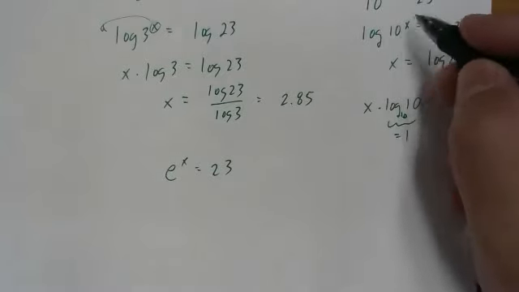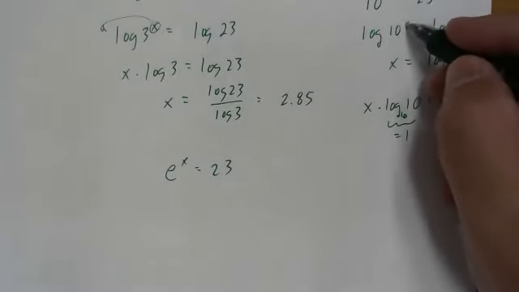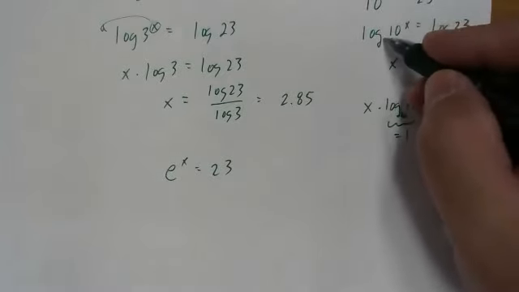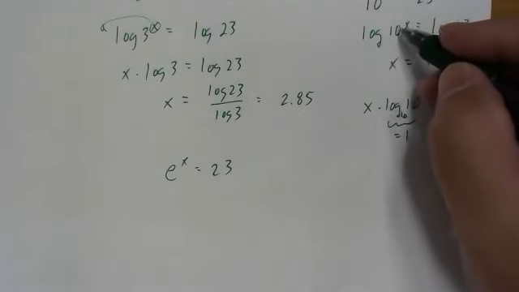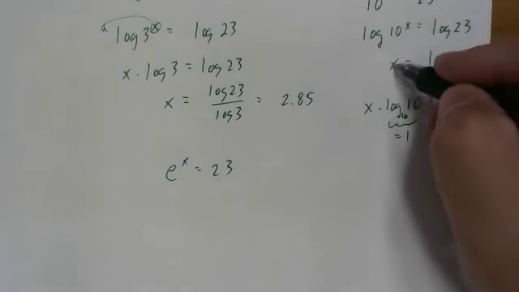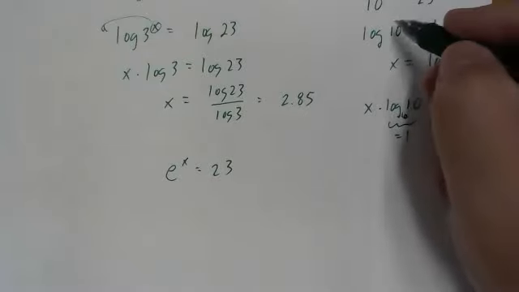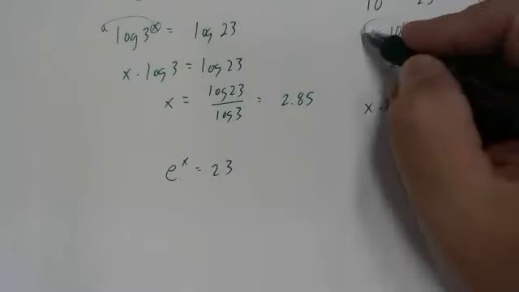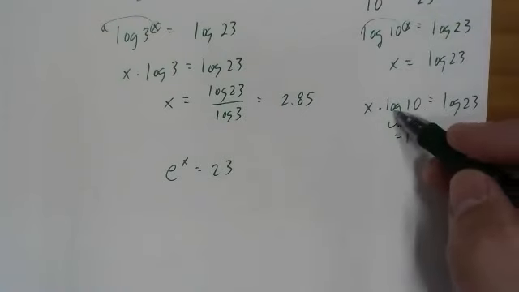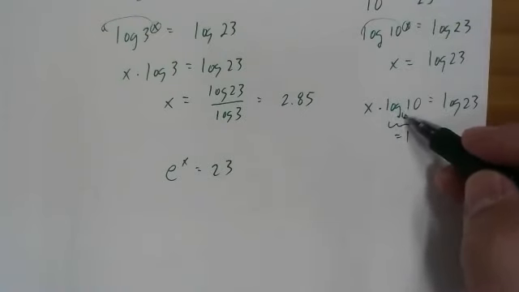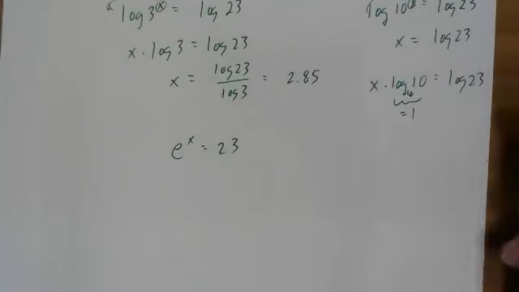That's why when we do this problem, we sort of skip it and we just say, you know what? When the base of the log is the same as this here, it's just x. Really, I could have moved this in front and gotten this. But the rule of logs is log base 10 of 10 is 1.